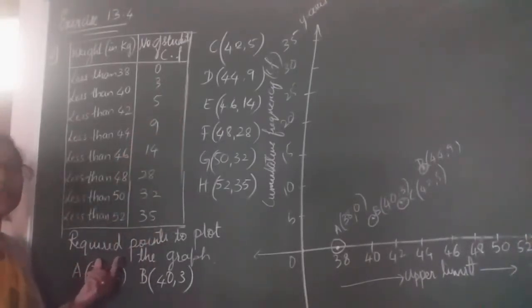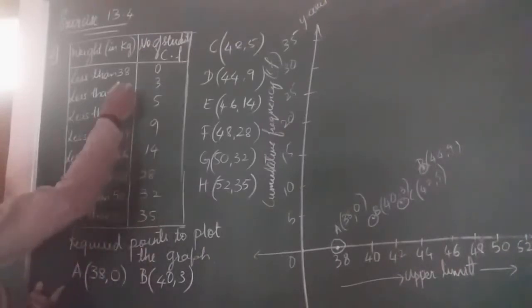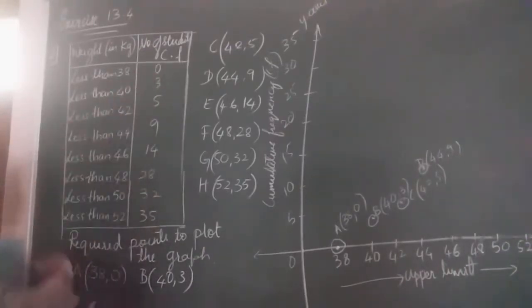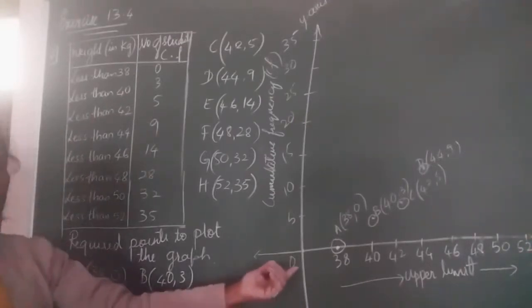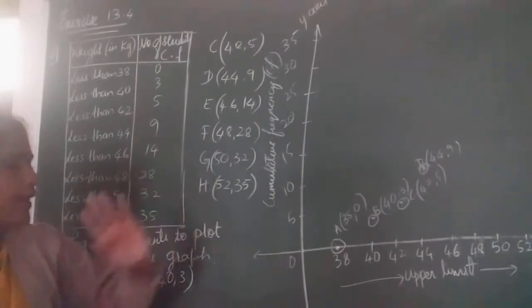To plot the graph we need points. Now we have to take down the points. A is equal to 38, the upper limit, then CF. The upper limits will be plotted on the x-axis, and the CF will be plotted on the y-axis.